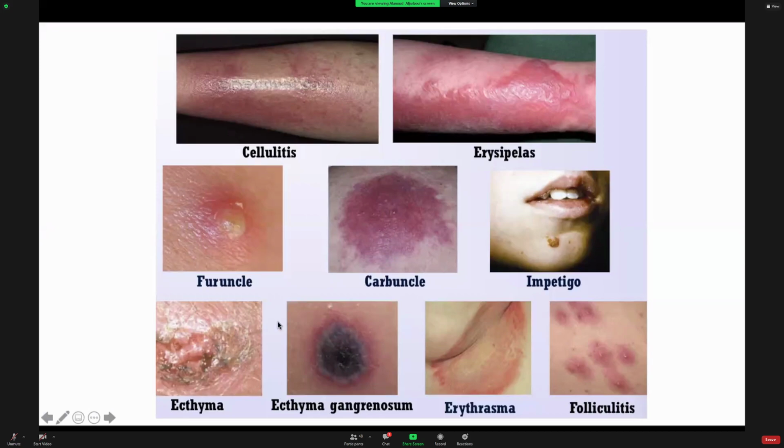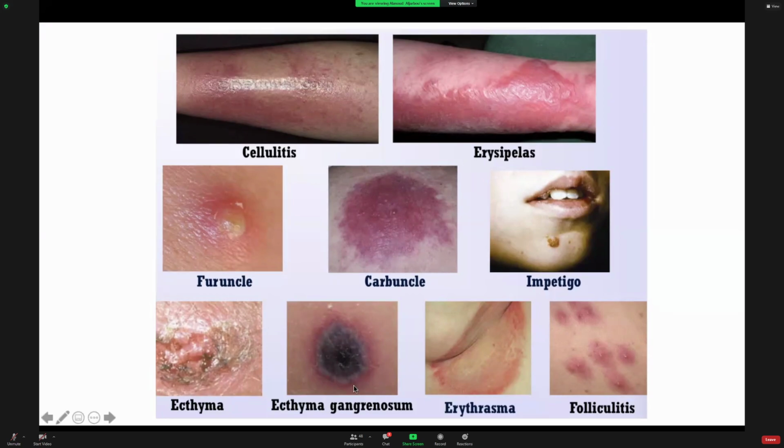What's the difference between ecthyma and ecthyma gangrenosum, just by examination or by looking? What do we call this? It's gangrene or necrosis. Exactly.